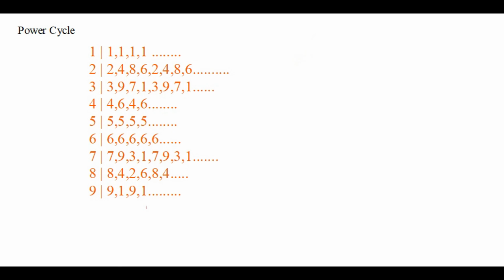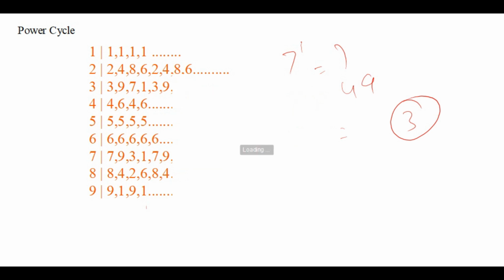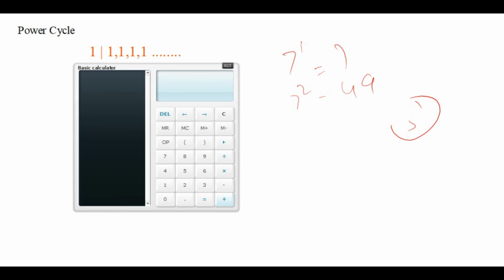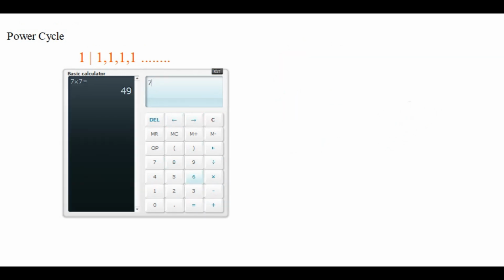For numbers like 7 and 8, for example, 7 power 1 is 7, 7 power 2 is 49, and then any number with the 3. You can do it in a calculator as well. For example, there is a calculator for you. 7 multiplied by 7 multiplied by 7 equals this. 7 multiplied by 7 multiplied by 7 multiplied by 7 is this.